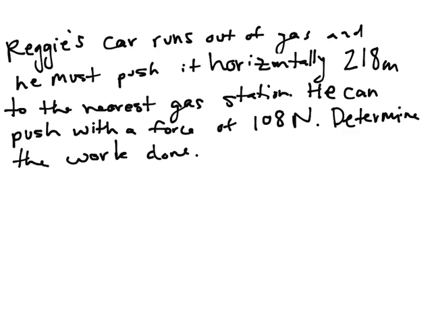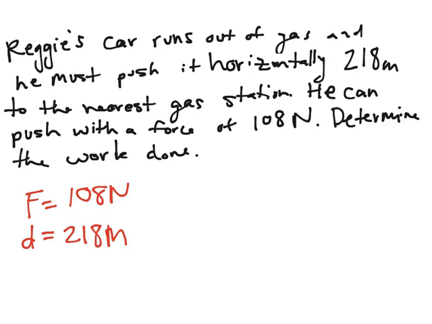Alright, so in this problem, we have a car. It doesn't even matter how heavy it is, because we know how much force he can push it with. So our force is 108 newtons. The distance, and this is all horizontal, because he is pushing it horizontally, unless he wants to push it up for some reason, but that would be a waste of energy.